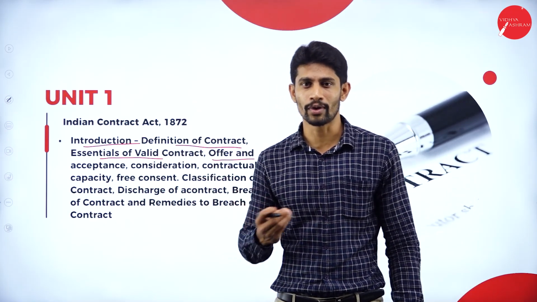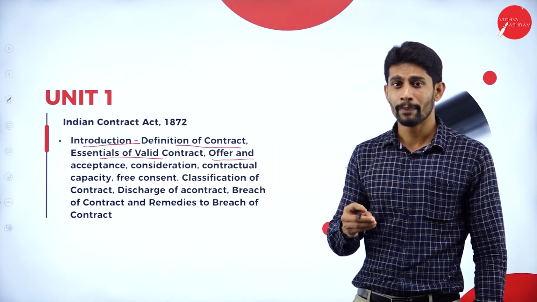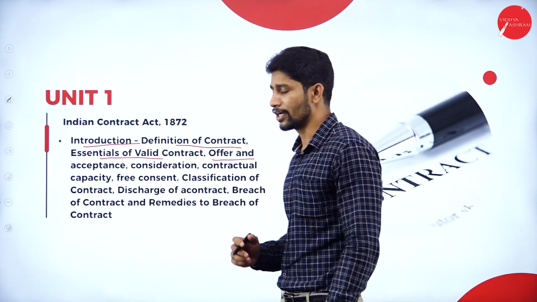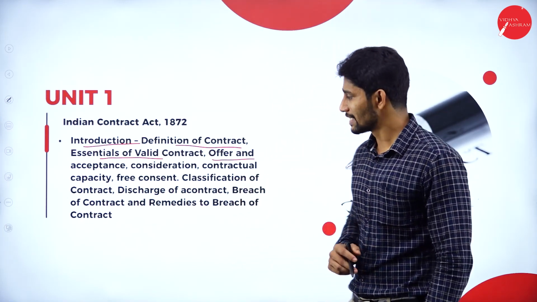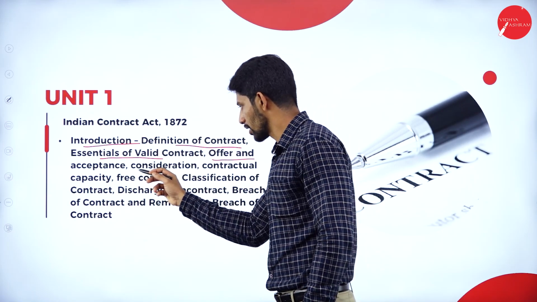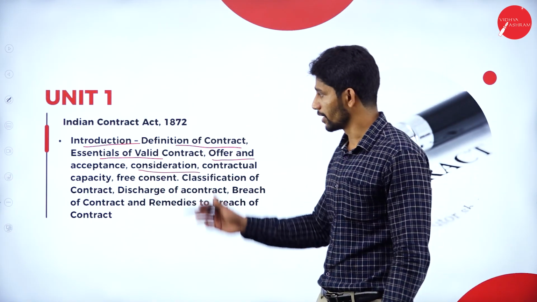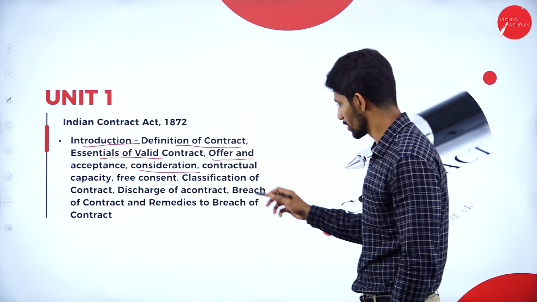In general, we all know what offering and acceptance are. But according to the Contract Act, what is offer and what is acceptance, that you are going to study under this unit. Next, consideration. What is the exact meaning of consideration under the Indian Contract Act, that you will be studying.